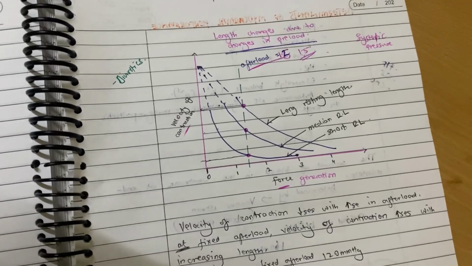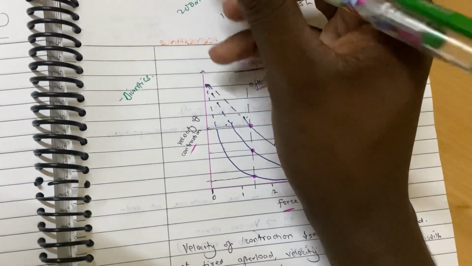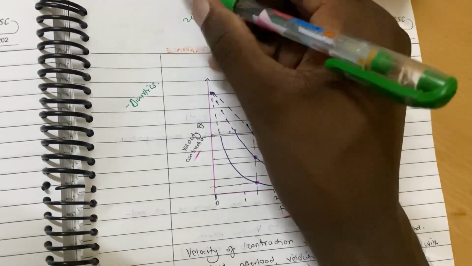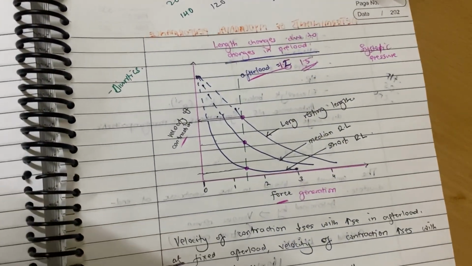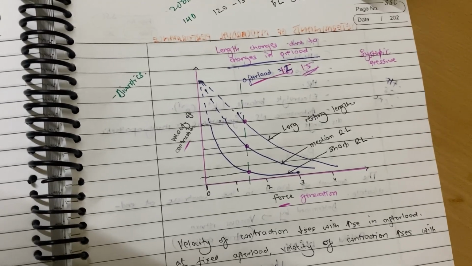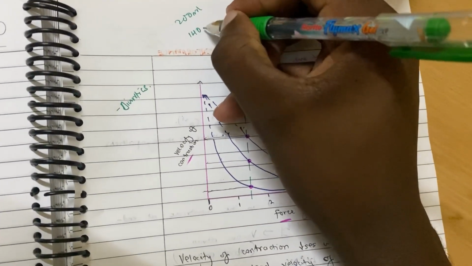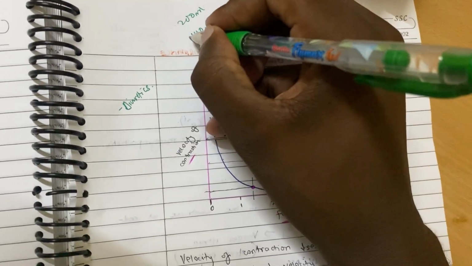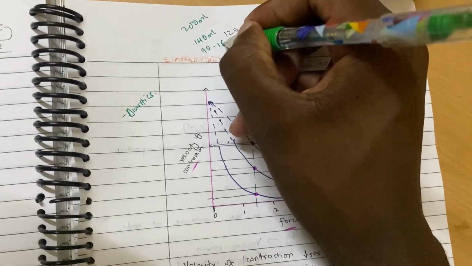So if we reduce, maybe it was around 200 ml, and then we give Lasix or diuretics, and then it becomes 140, we lose. The patient will go and pass urine so frequently, so that reduces the blood volume to 140 ml. This is in the optimal range of 90 to 160.